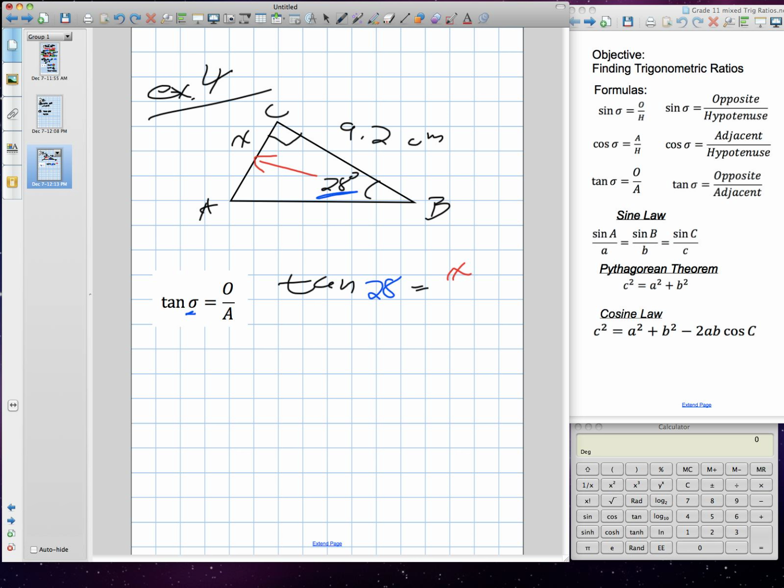So think of this question, tangent 28 is a number, x is a number, and 9.2 is a number. In order to isolate x, what would I have to do? I'm going to have to move something. Yes, we need to move 9.2 to the other side of the equation.